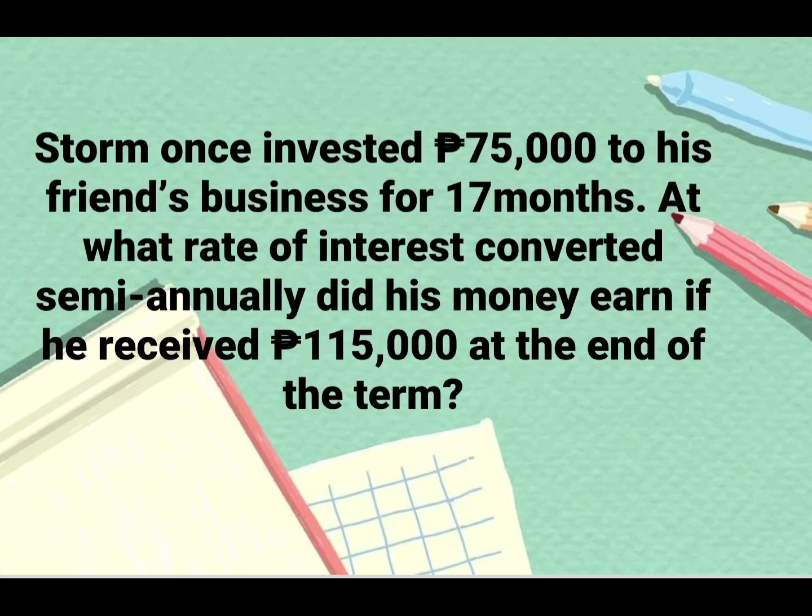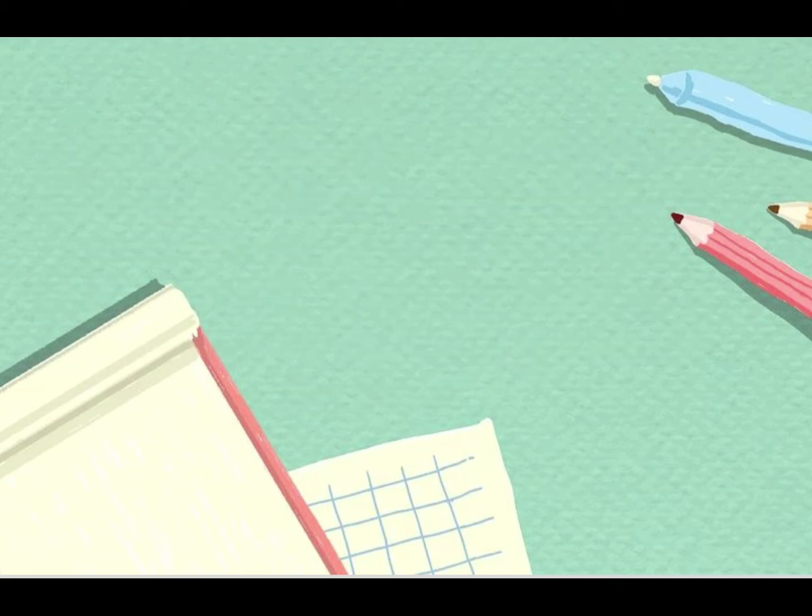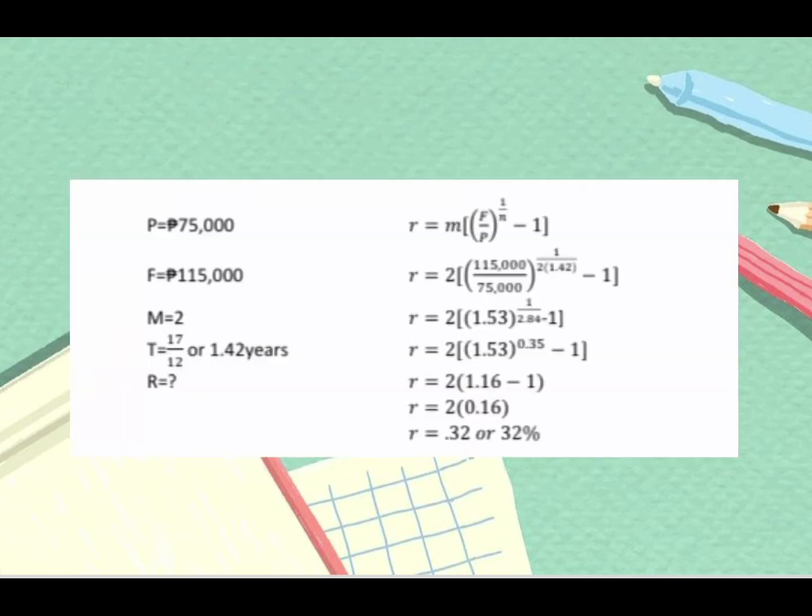Storm once invested 75,000 in his friend's business for 17 months. At what rate of interest converted semi-annually did his money earn if he received 115,000 at the end of the term? P equals 75,000, F equals 115,000, M equals 2, T equals 17 over 12 or 1.42 years, and R is missing.